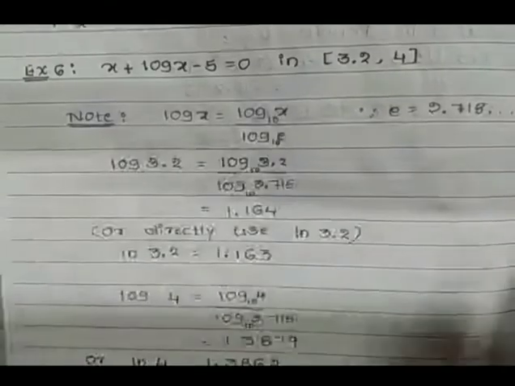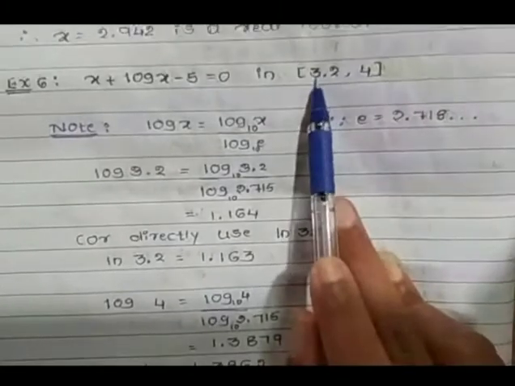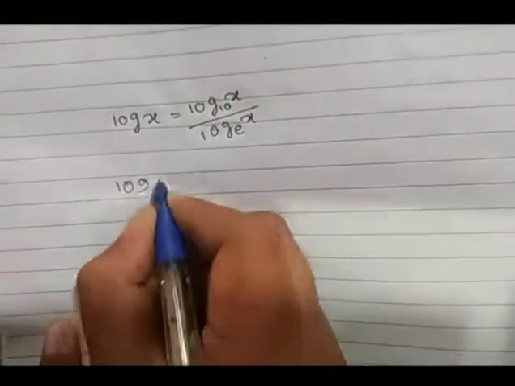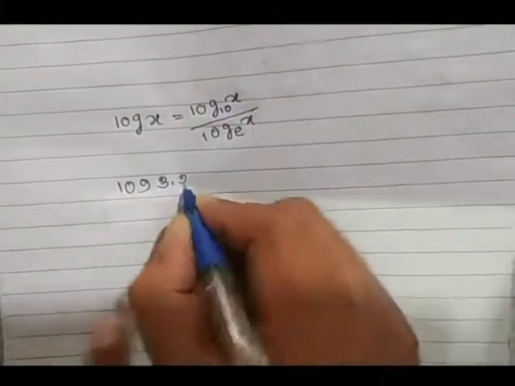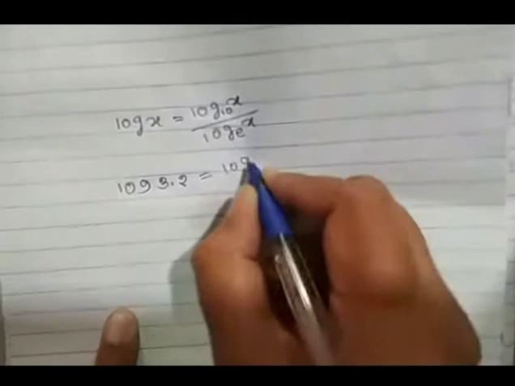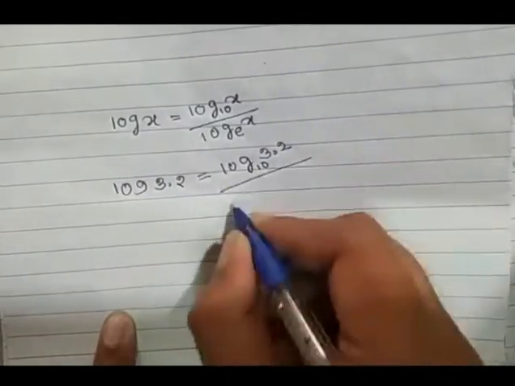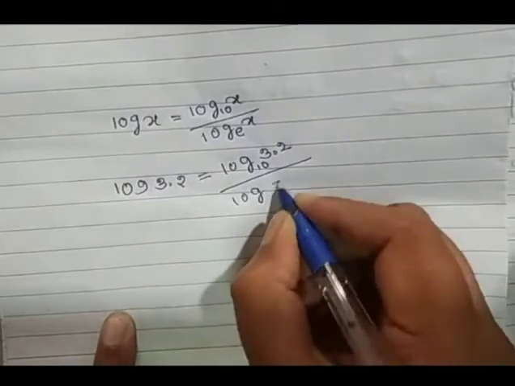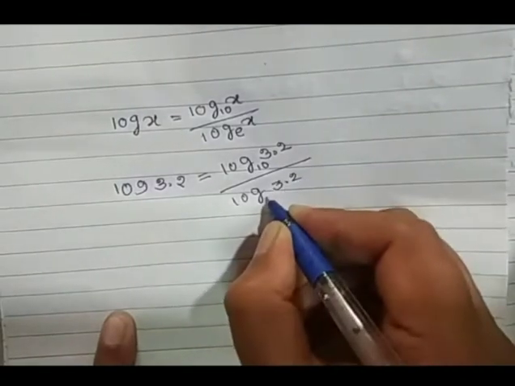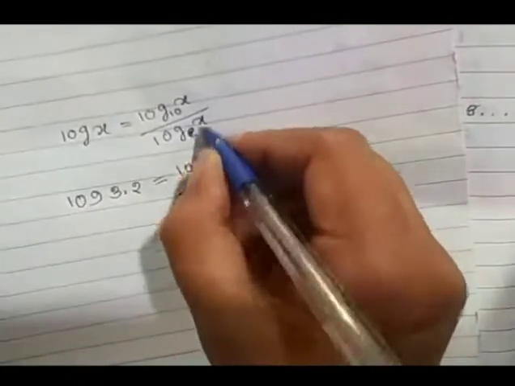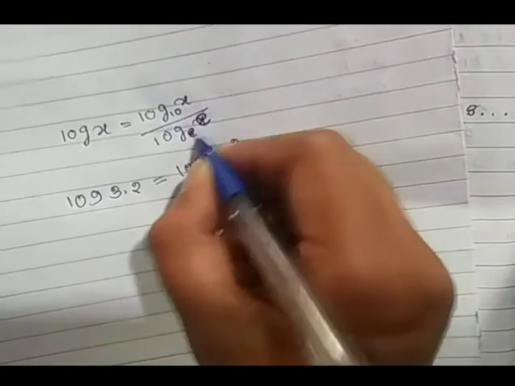Now here the given interval is from 3.2 to 4. So how to calculate log 3.2 now? This is equal to log 3.2 to the base 10 divided by log e to the base 10.